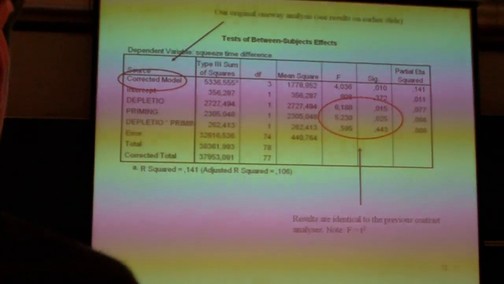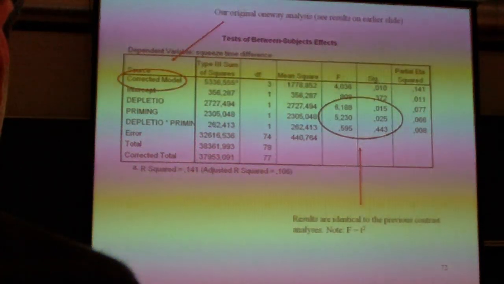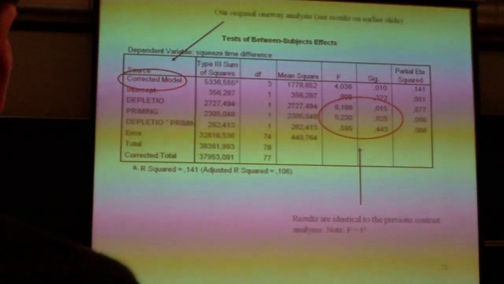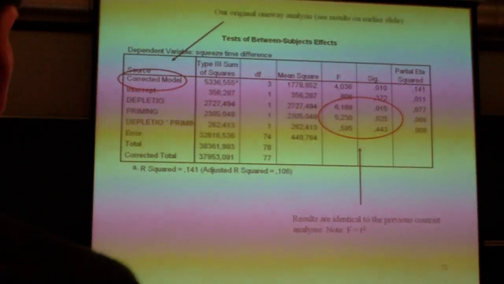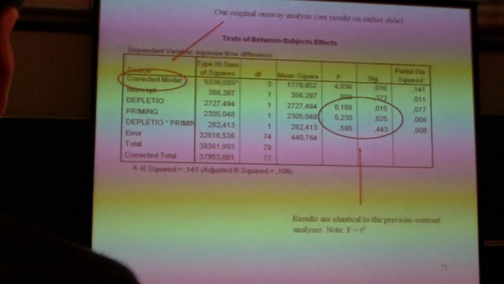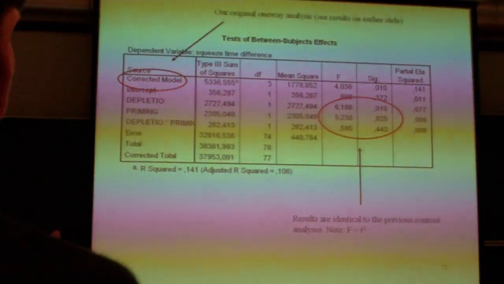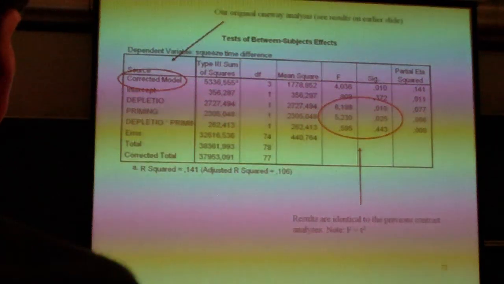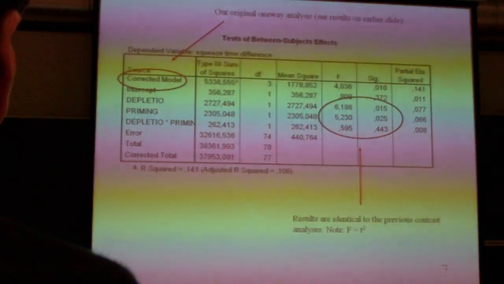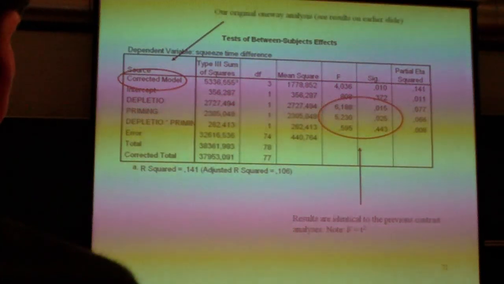What this tells us, of course, is that when we do contrast analysis, we're actually performing a two-way analysis. Or, conversely, when we do a two-way analysis of variance, we're actually performing contrast analyses. There's not anything different going on behind the scenes.